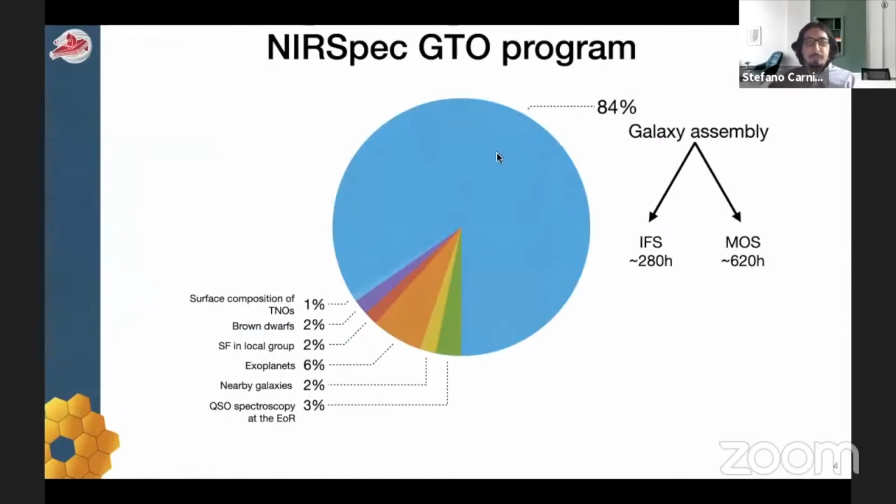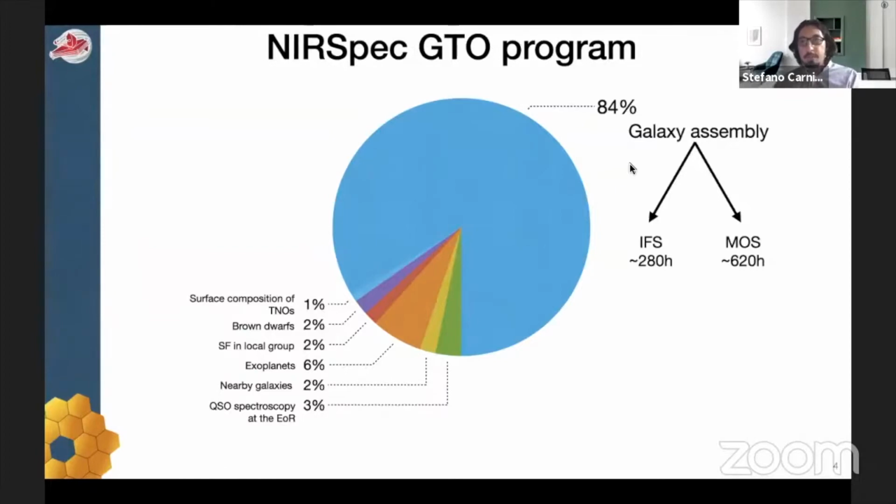As you can see, in the GTO program we cover different topics, but most of the time is dedicated to galaxy assembly. In particular, we're going to use the integral field spectroscopy mode and the multi-object spectroscopy mode to study galaxy evolution across redshift.